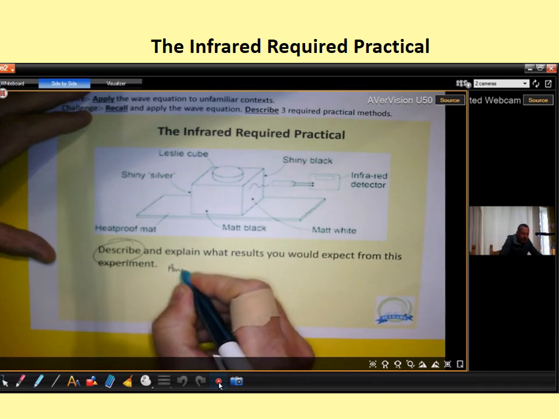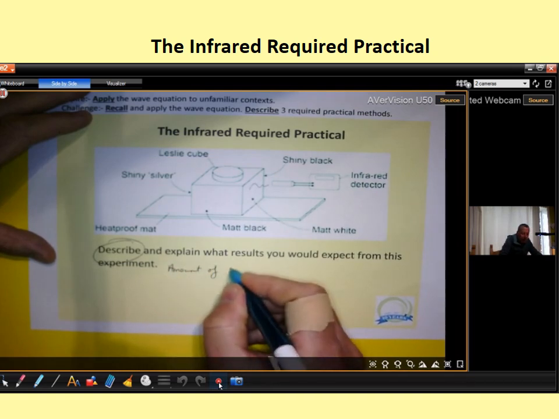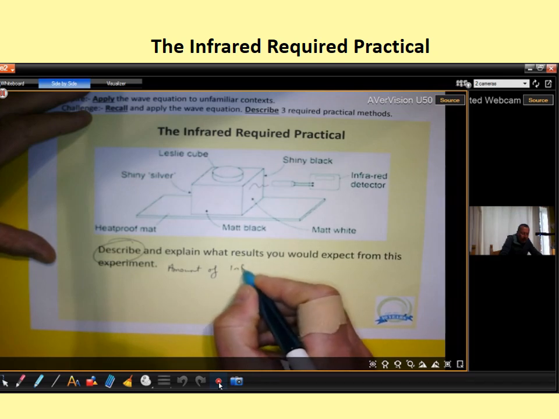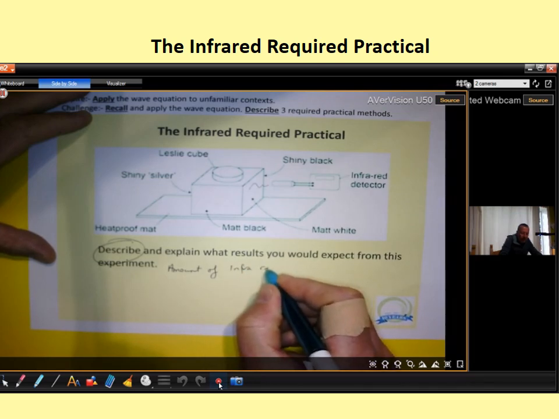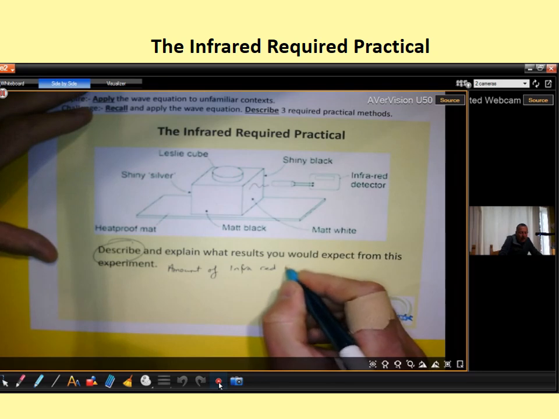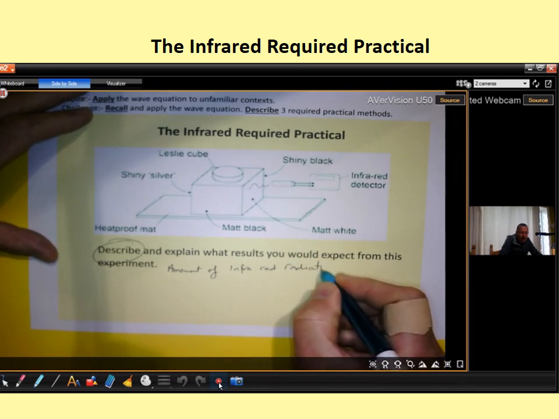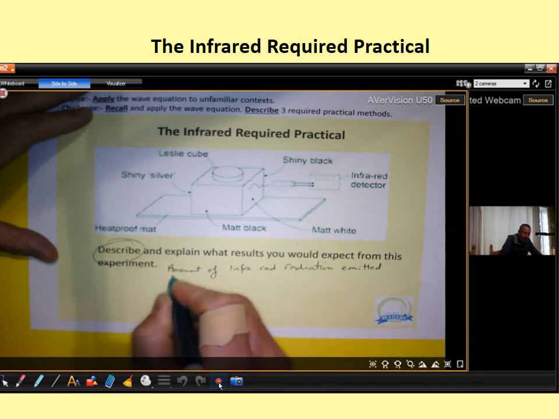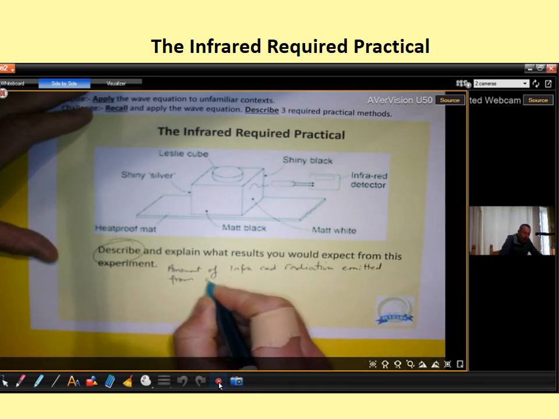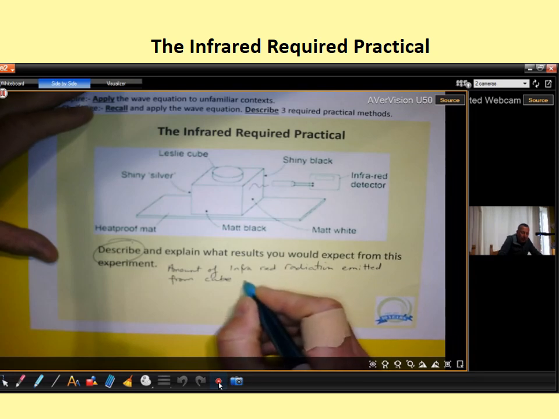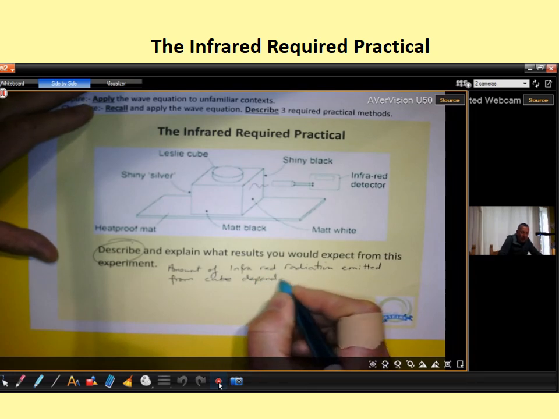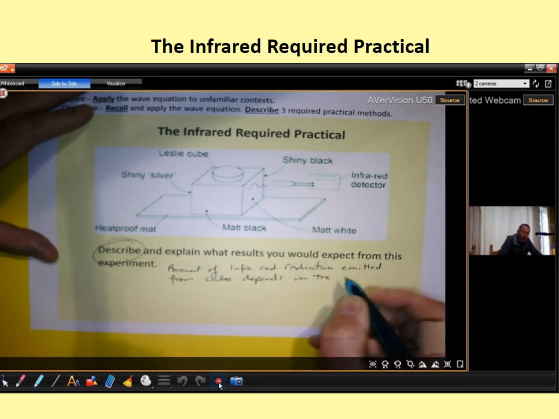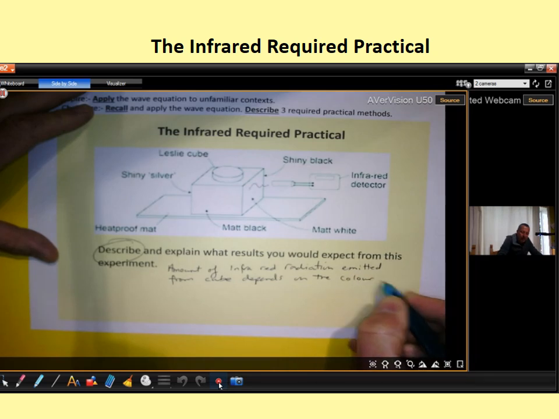So the amount of infrared radiation emitted from the cube depends on the colour of the side.